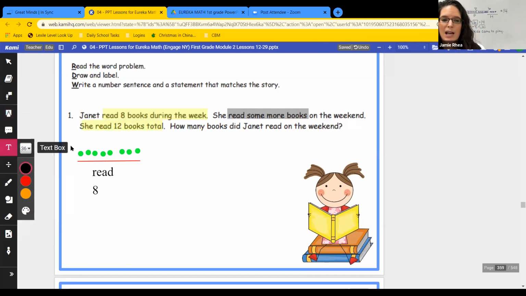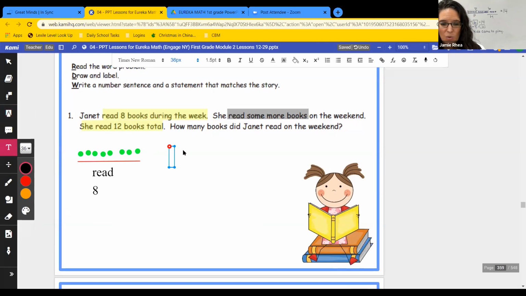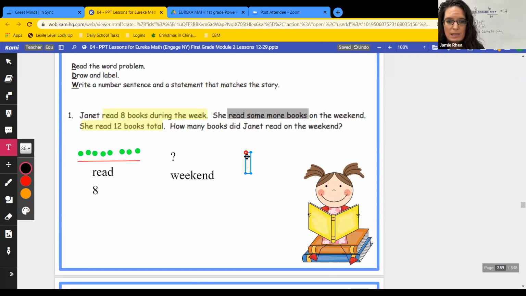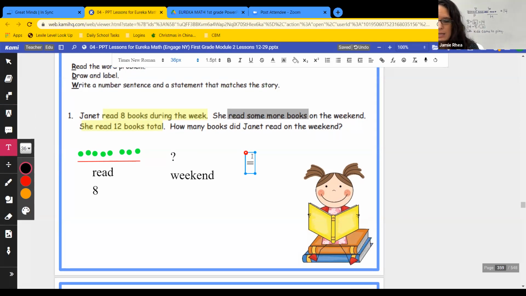I'm going to put a question mark here, and underneath it I'm going to put weekend, because I don't know how many she read over the weekend. We don't know yet. Then I'm going to put over here equals 12 books, because we know that she read a total, which is all together, that many books.